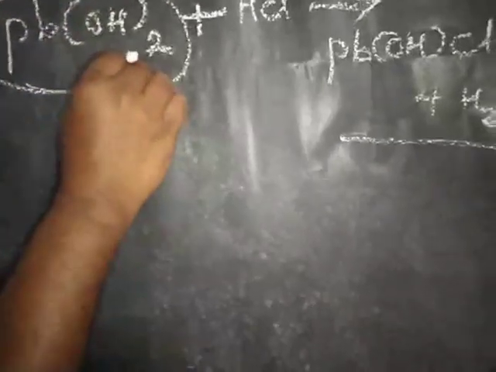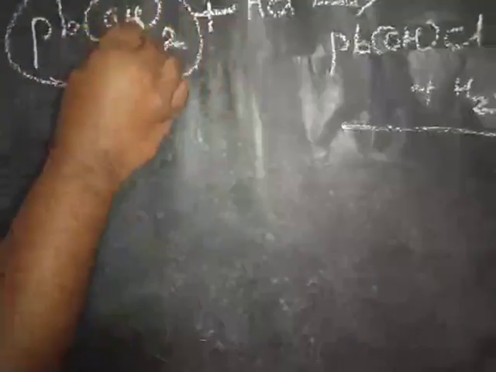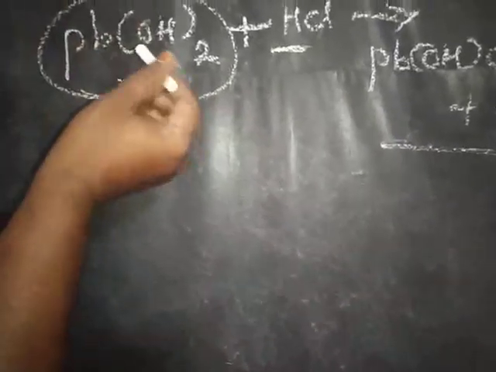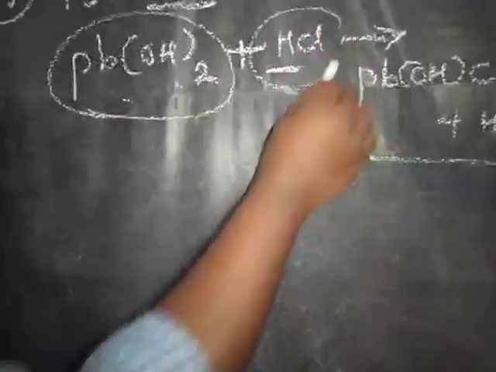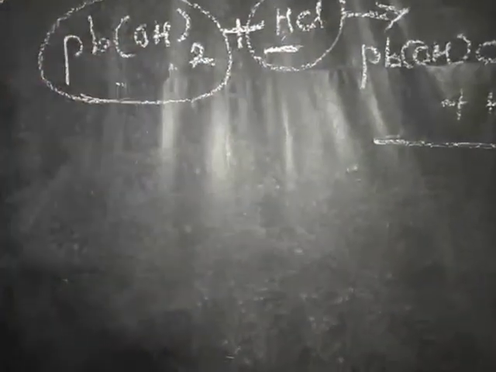You see, partial replacement of hydroxide ion in a solution by acid radical of a diacidic or triacidic base. This is an example of a diacidic base. Partial replacement of which one? OH minus ions.